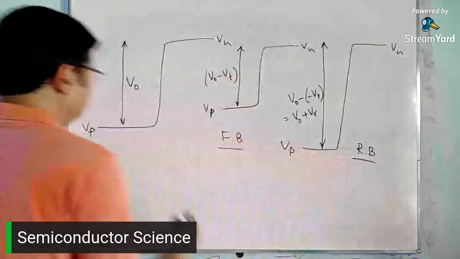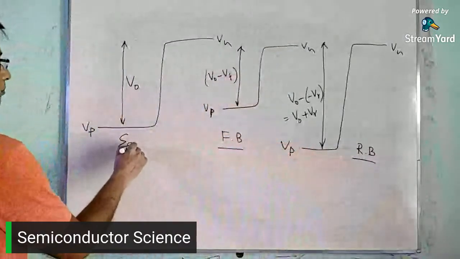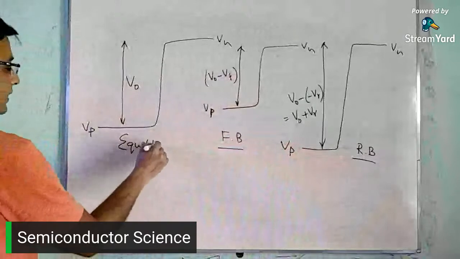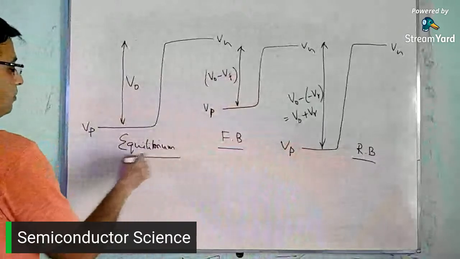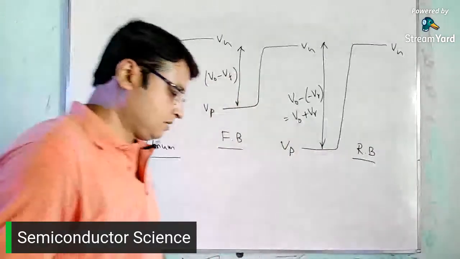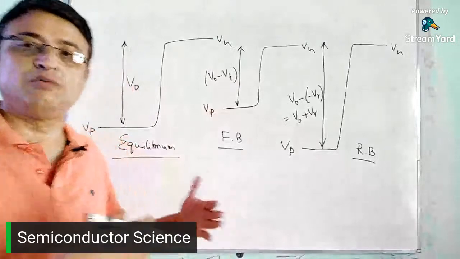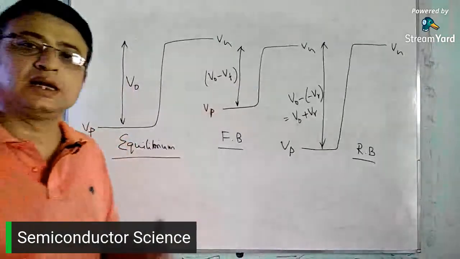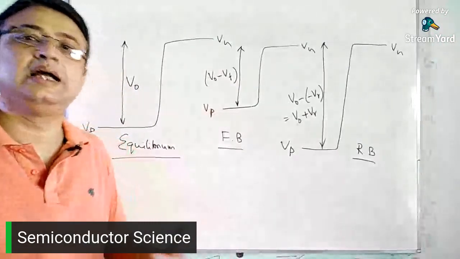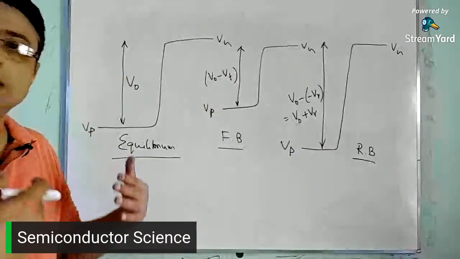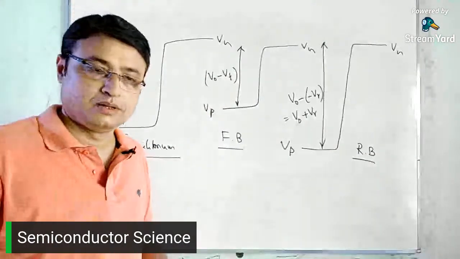And as you know, this is the equilibrium case. We will at first consider the forward bias mode, and later on we will move on to the reverse bias mode.